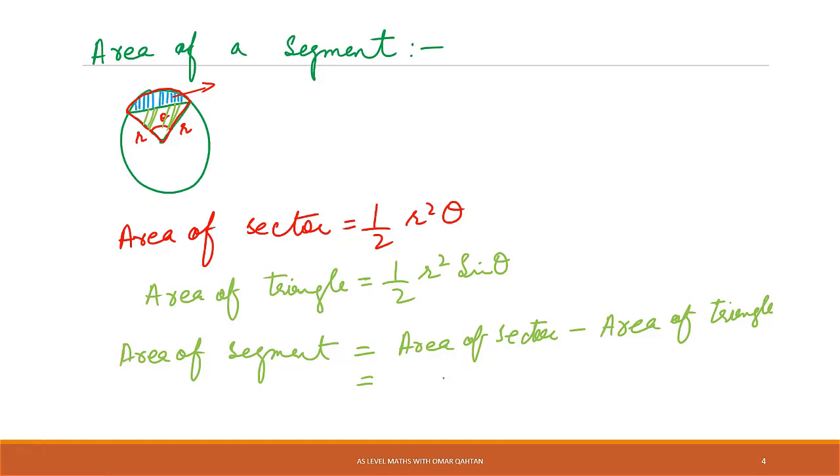So area of sector is half r squared theta minus area of triangle is half r squared sine of theta. Upon simplification we'll get, taking half r squared common, inside we have theta minus sine theta.